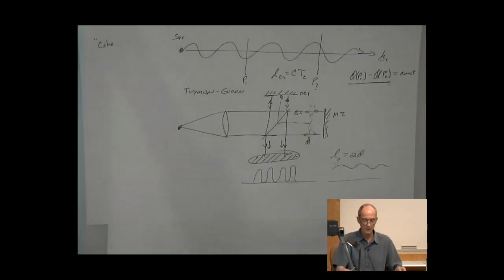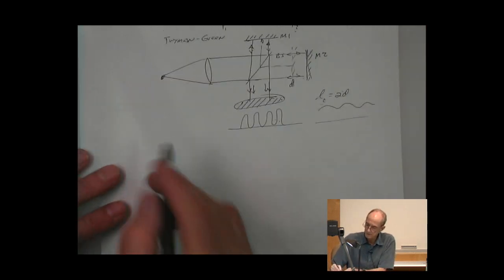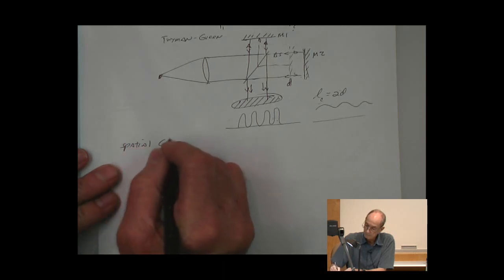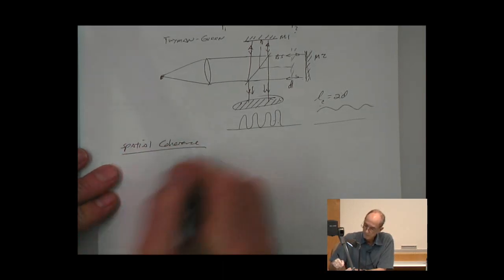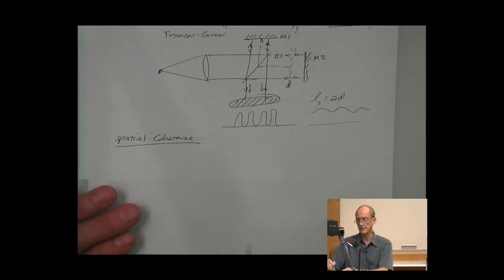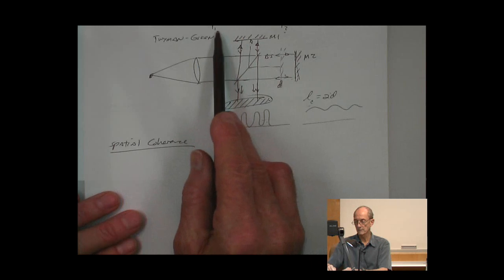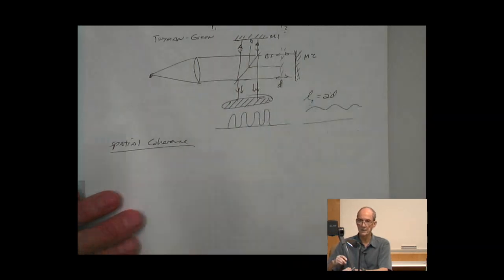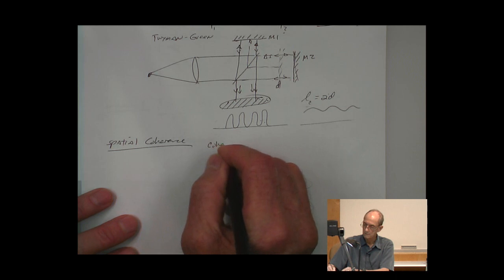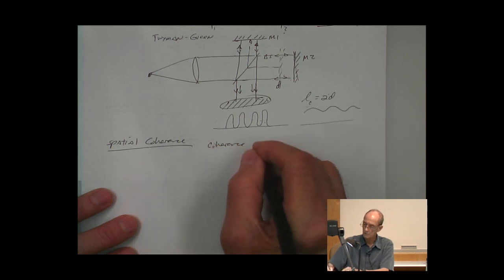So that's the temporal coherence. What about spatial coherence? Well, temporal coherence is the phase registration along the direction of propagation. And so this is kind of the coherence that we would see across the wavefront.